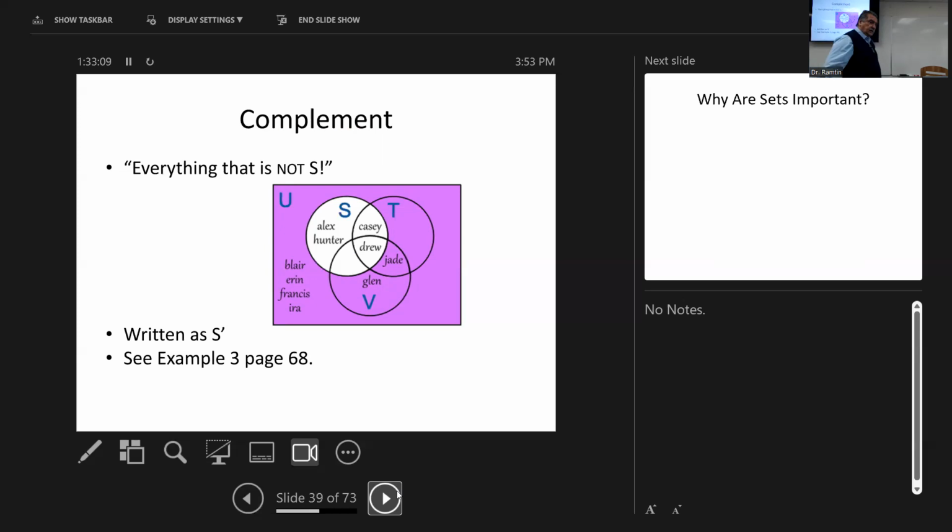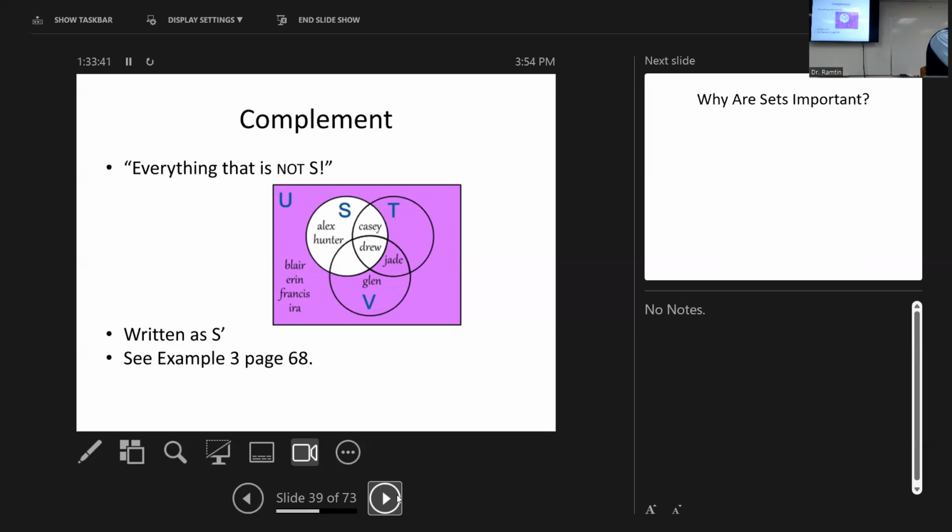So let's look at page 68. Example 3. Let U be the natural numbers from 1 through 9, including 1 and 9, and set A is 1, 3, 4, and 7.